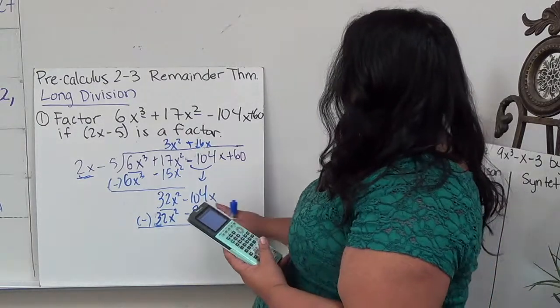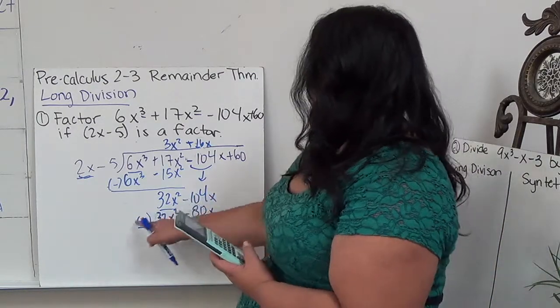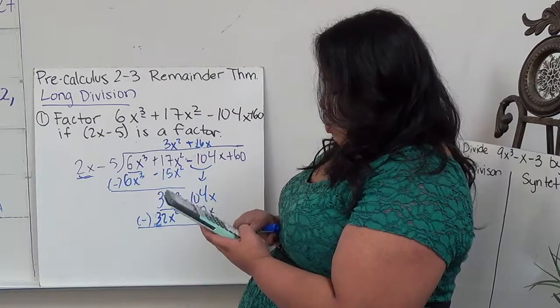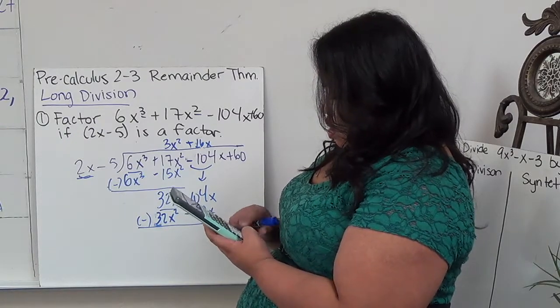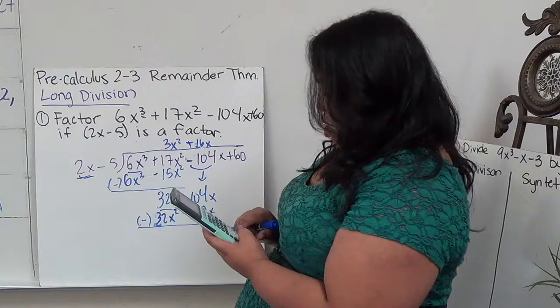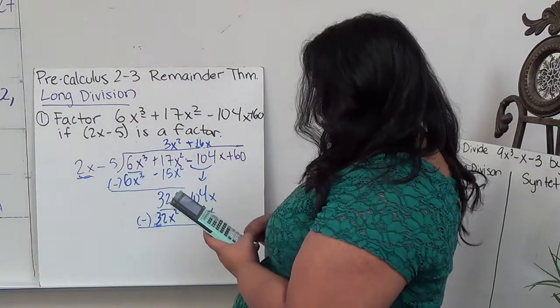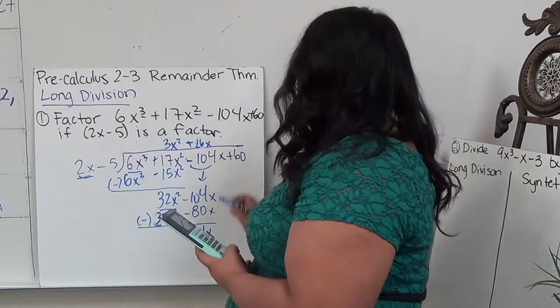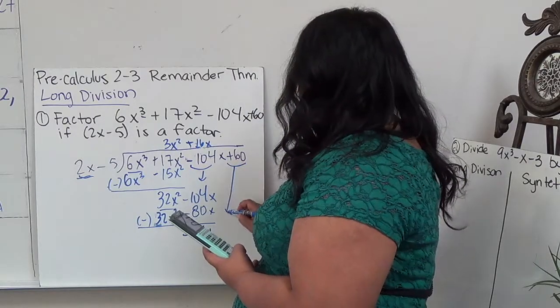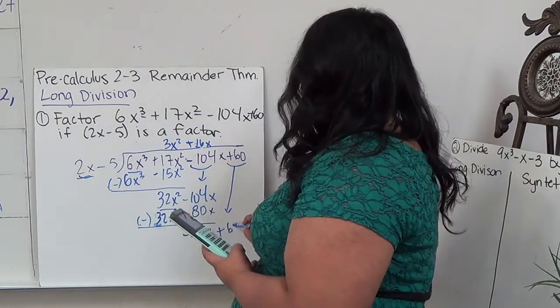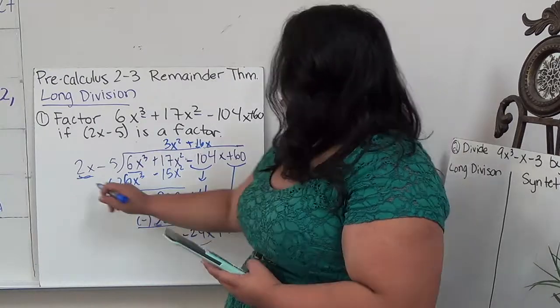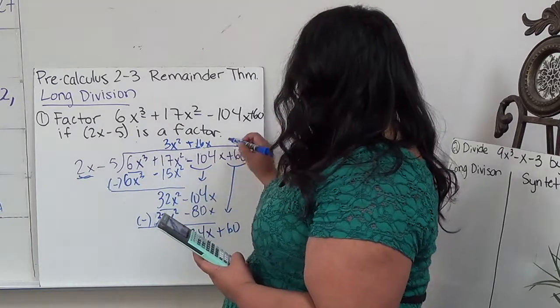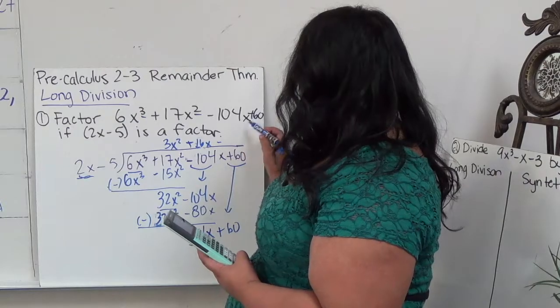And then from here, it's negative 104 minus a negative, which is positive. So negative 104 plus 80 gives us negative 24x. And then I'm going to bring down the 60, plus 60. So then I focus here, which gives me a negative 12x.